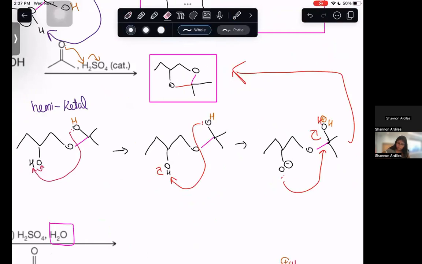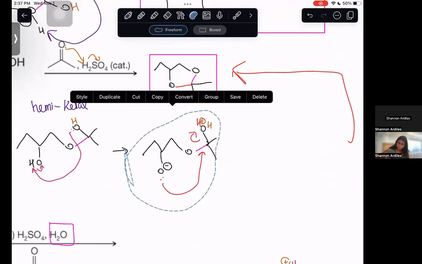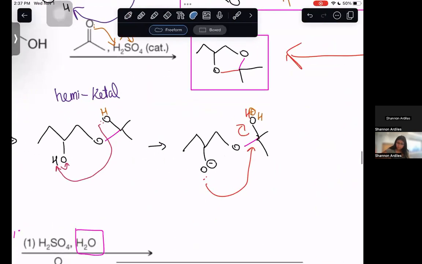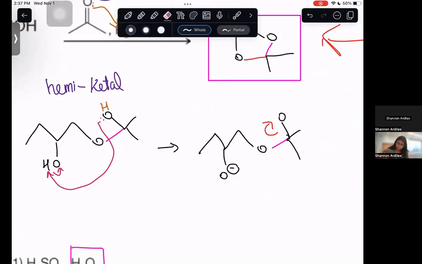Let's ignore this. Do not look at that. Okay, there we go. So we have that structure. And actually, let me redraw it for you guys. Okay, so this is the structure that we have.